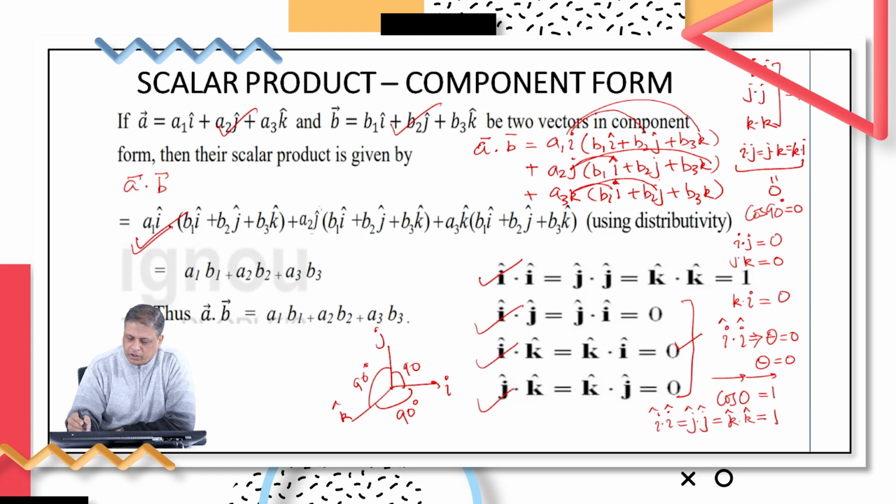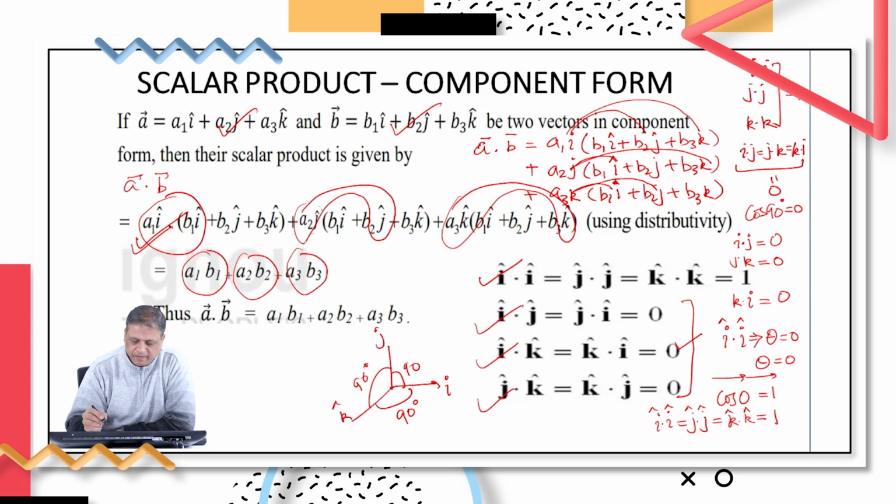What will remain is only a1 b1, because i dot i is 1, j dot j is 1, and k dot k is 1. So only the values a1 b1, a2 b2 and a3 b3 will exist.